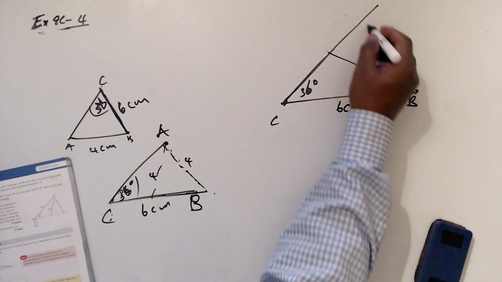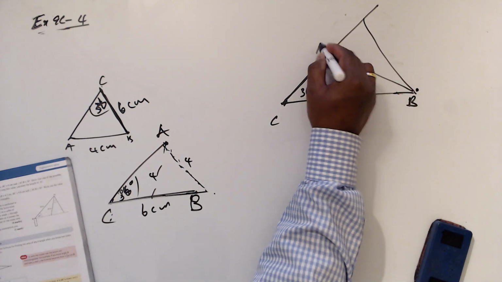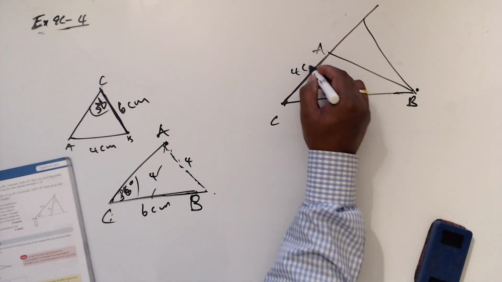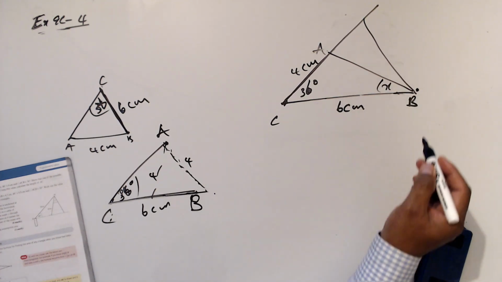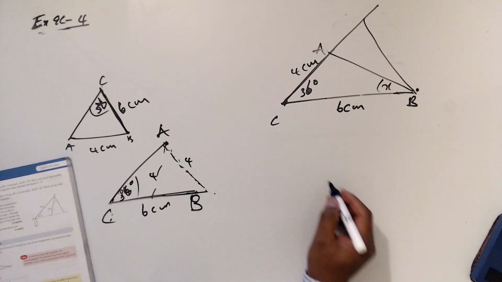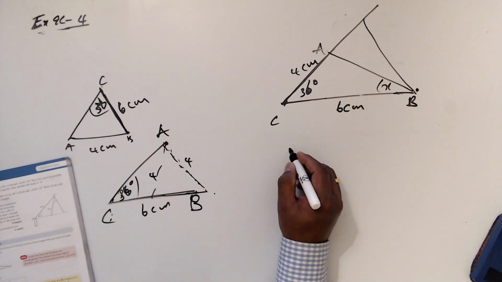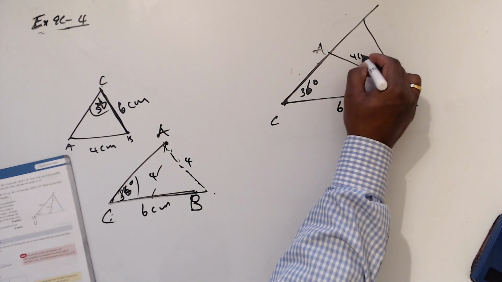So there are 2 options. This is A, this is 4 centimeter. So let me take this as X. This is 4 centimeter actually.